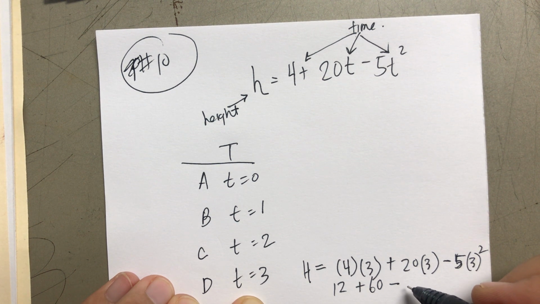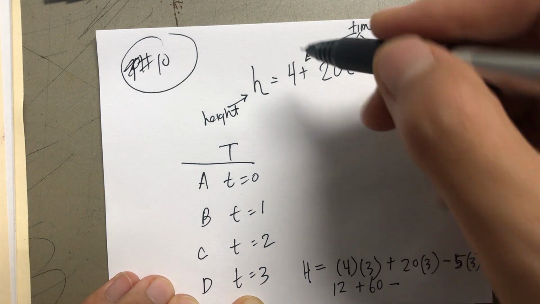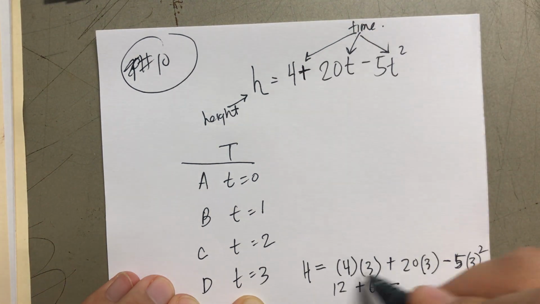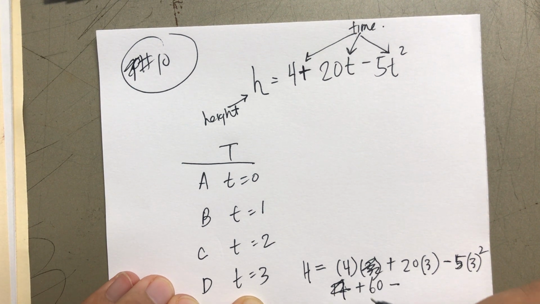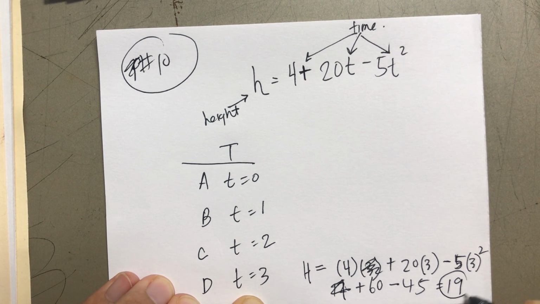Okay, 75. 4 times 3. Sorry, I wrote this incorrectly. It's 4 plus. Okay, so 4 plus 60 is 64 minus 45 is going to equal 19. So that's when we plug in t.